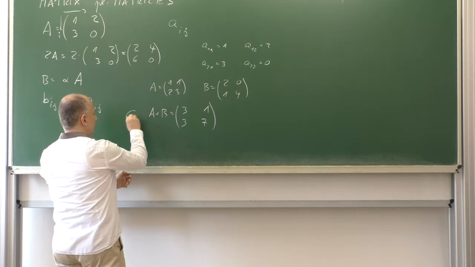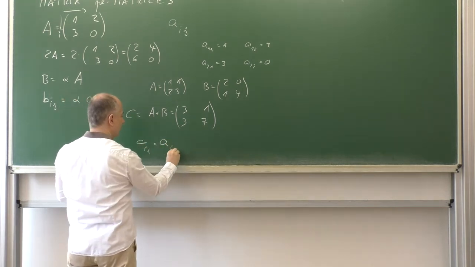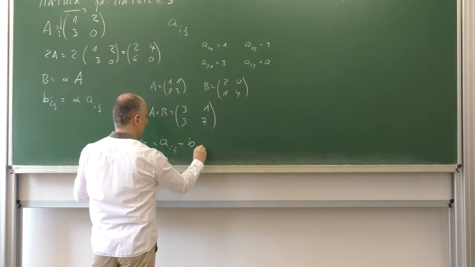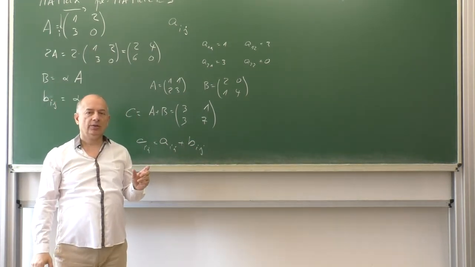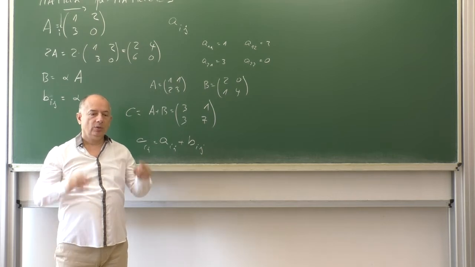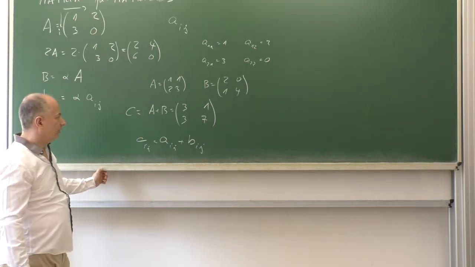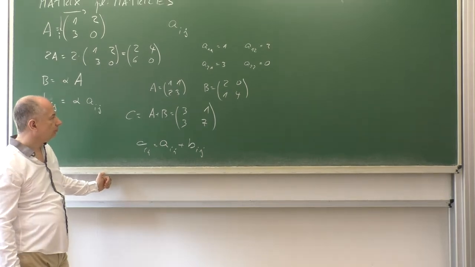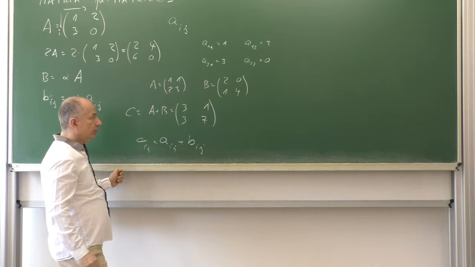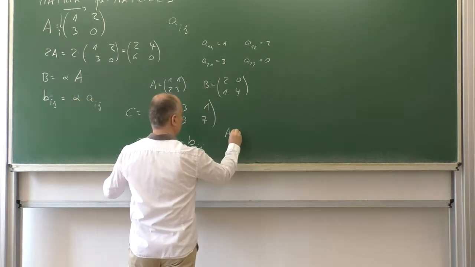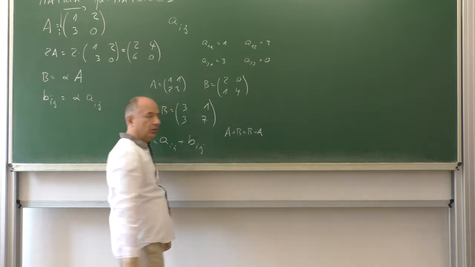So if we call it C, then Cij is Aij plus Bij. We say that the addition of matrices is defined component-wise. We just add each corresponding pair of entries. Well, and because addition of real numbers is commutative, then addition of matrices is also commutative.